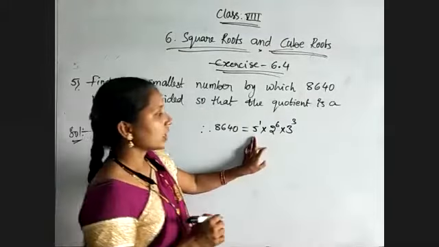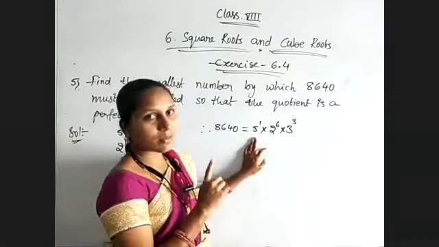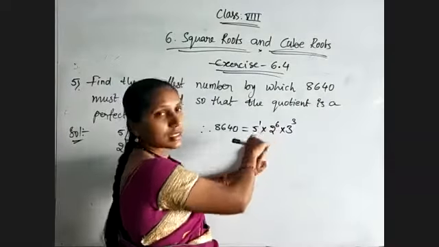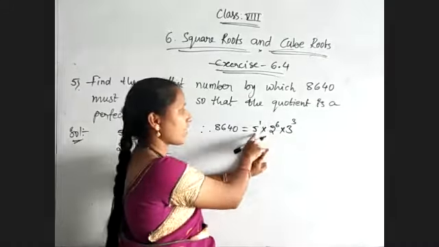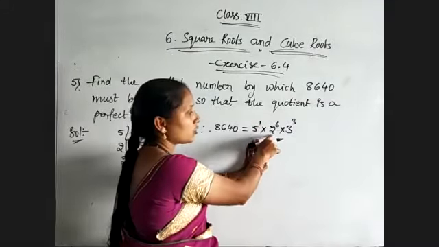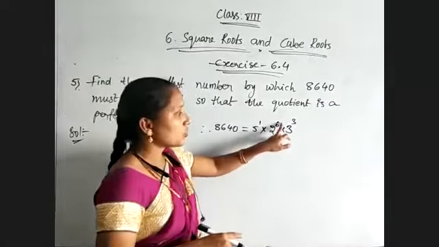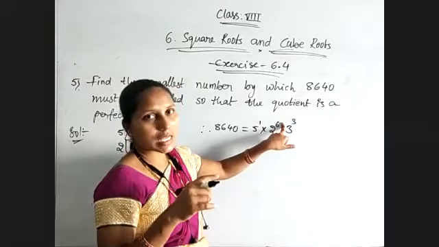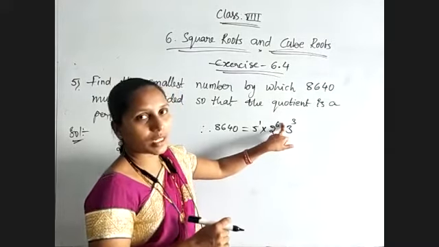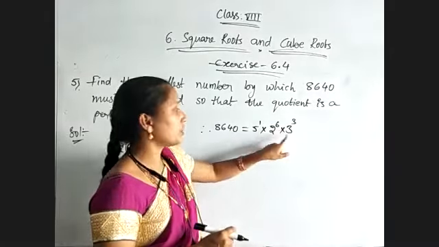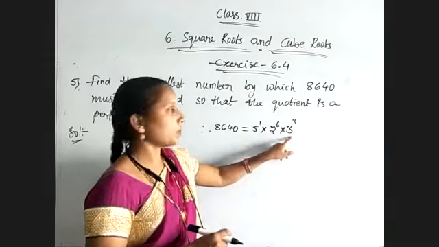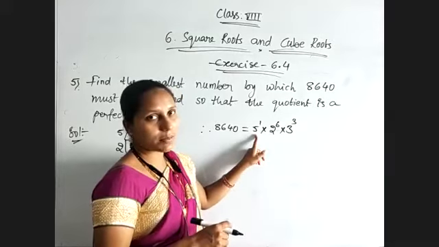If the question is multiplication, just observe the prime factors of this number. 5 only once, 2 six times. So 2 power 6 is there, the exponent is 6, that is a multiple of 3. So we can represent this as a perfect cube. 3 cube is also a perfect cube, but 5 power 1 is not a perfect cube.